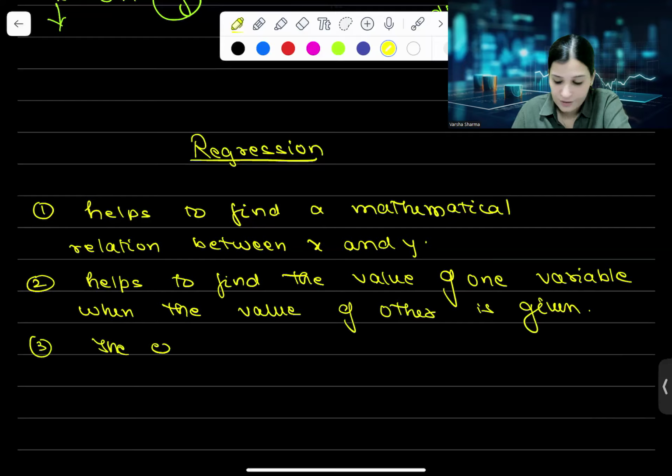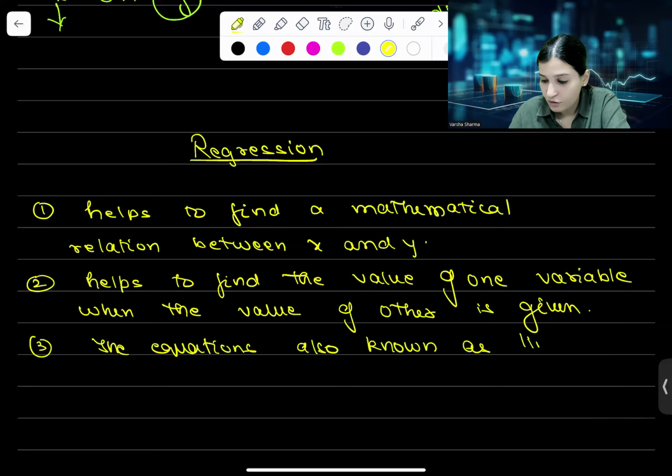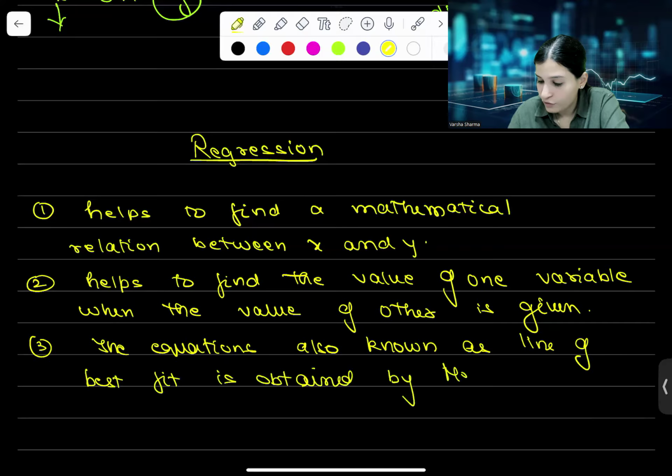The equation, also known as the line of best fit, is obtained by the method of least squares.